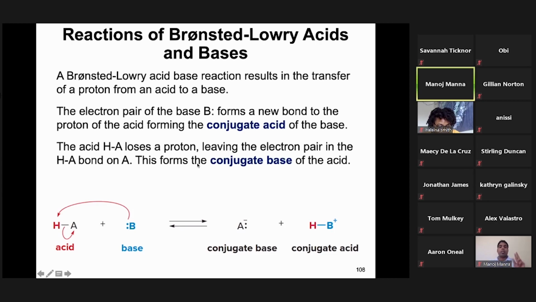So now we understand two things: what Bronsted-Lowry acid-base means in terms of proton, and also a new scientific word, the conjugate base. A minus is the conjugate base, and after accepting H plus, whatever the molecular structure is, that will be your conjugate acid. Make sure that we understand acid, base, and conjugate base in terms of this theory.